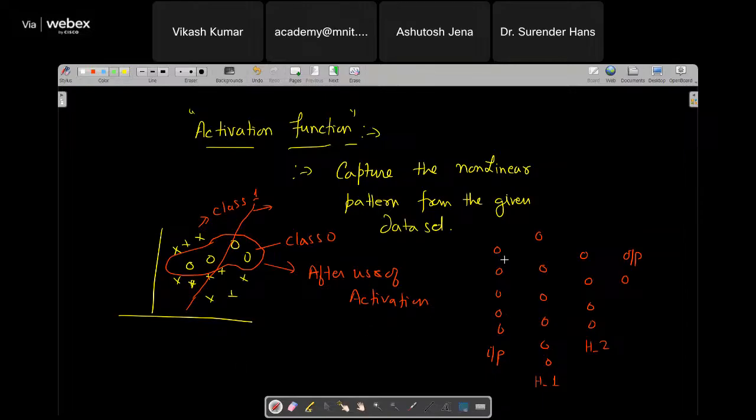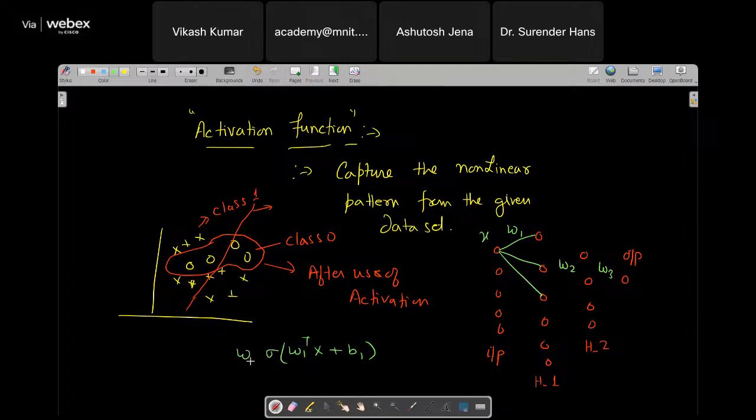W1 is this one, this one is W2, W3, these are the weights. We need to connect each node of the input layer to each node of the first hidden layer. So W1 transpose X, where X is the input data, plus B1, and then sigma, which is the activation function.